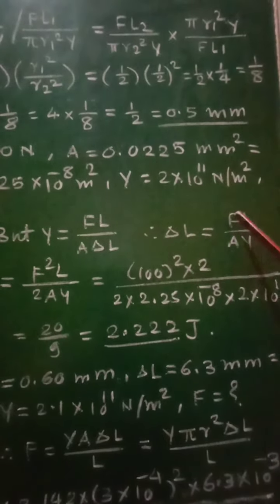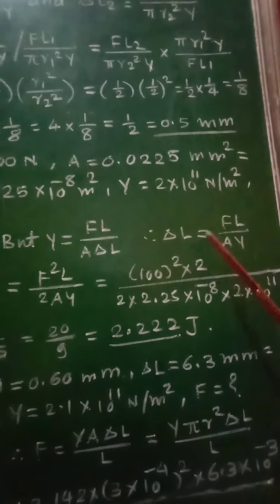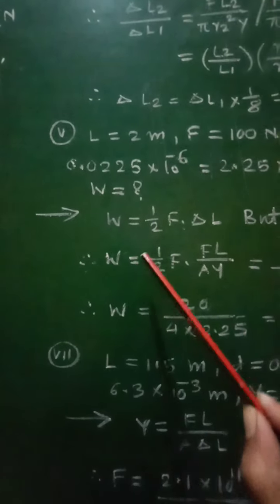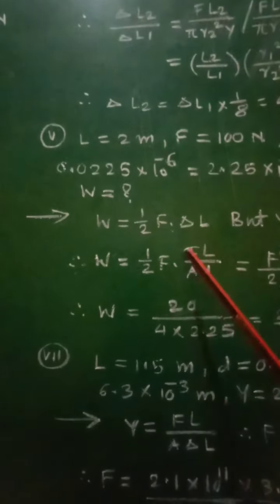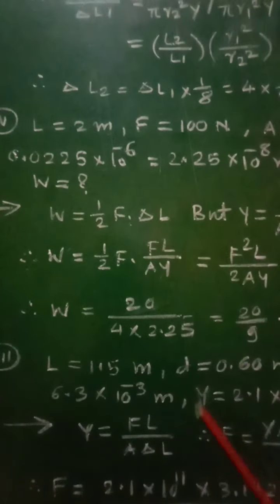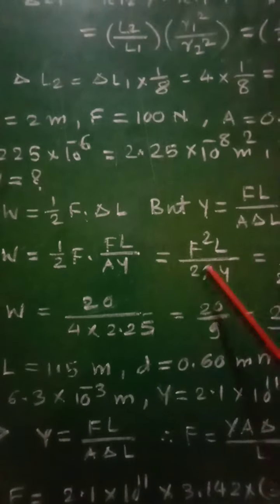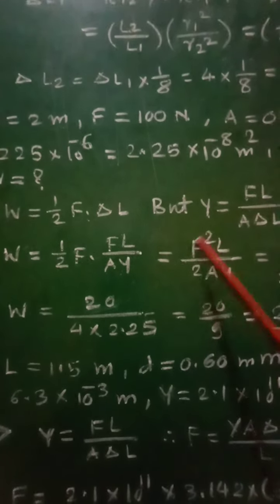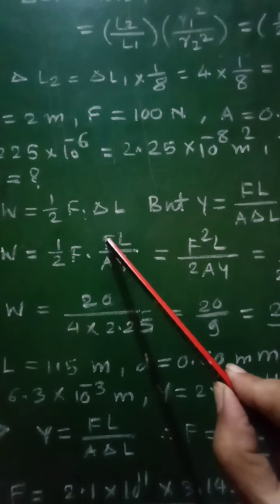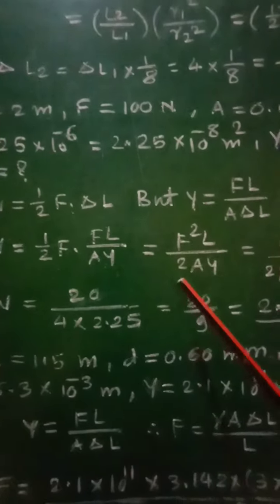Putting the value of delta L in the formula of work done, we get W is equal to half F into FL upon AY, which will be further written as F square L upon 2AY, because F into F is there.